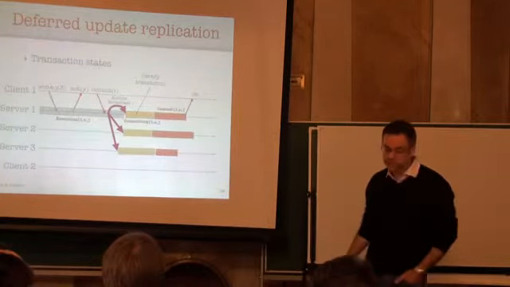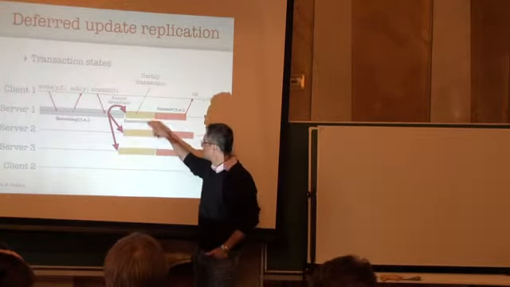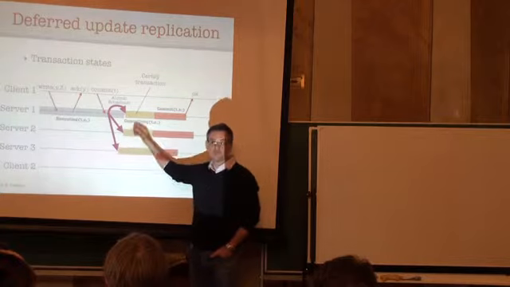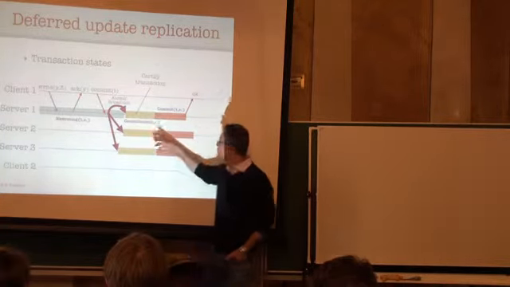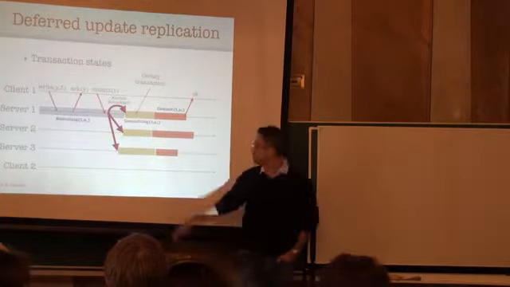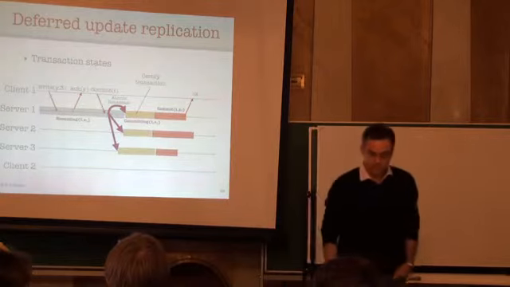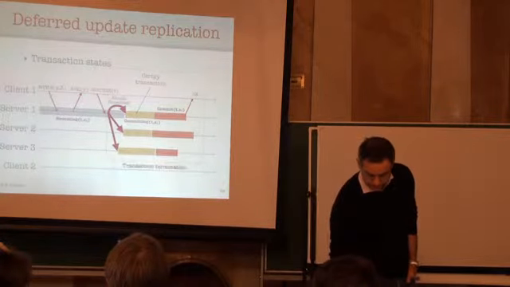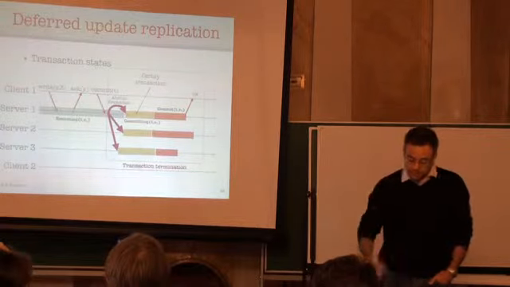Each server is going to do the certification test. The certification test only depends on transactions that have been previously delivered, so they can all do the certification test, which is going to be deterministic, and they are going to reach the same outcome, either commit or abort. And this is what I call a transaction termination. So this is the easy case.